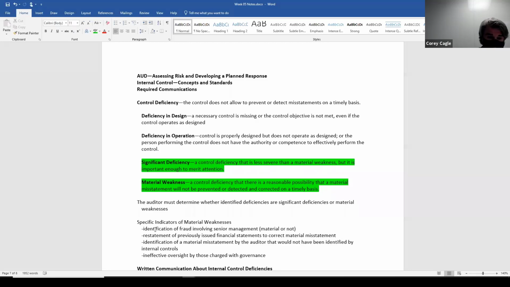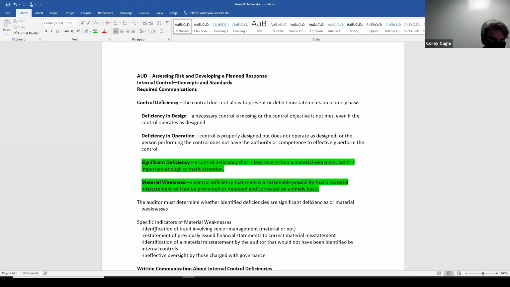A significant deficiency is not as severe as a material weakness, and these are our definitions essentially, but it's important. Material weakness is the bad one, right? Or the really bad one. You know, it's a control deficiency where there's a reasonable possibility that a material misstatement will get through that net and not be prevented, not be detected, not be corrected on a timely basis. So material weakness is the worst.